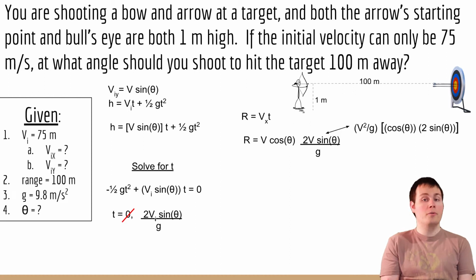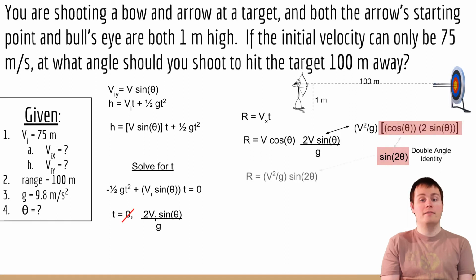which, if you know your trig identities quite well, you'll know is a double angle identity, which we can then replace with sine of 2 theta. And when we do that, we get that the range is equal to the initial velocity squared divided by gravity, all times the sine of 2 theta.